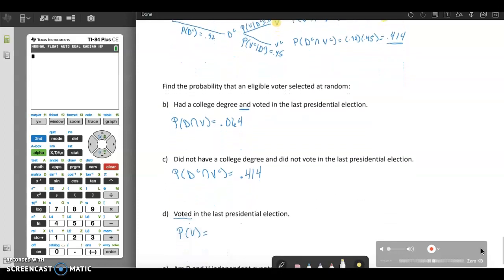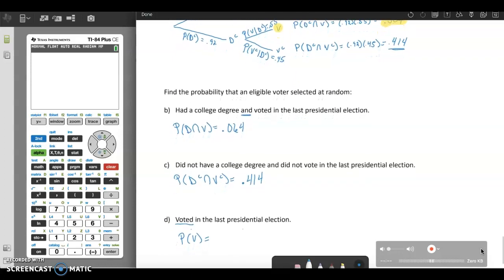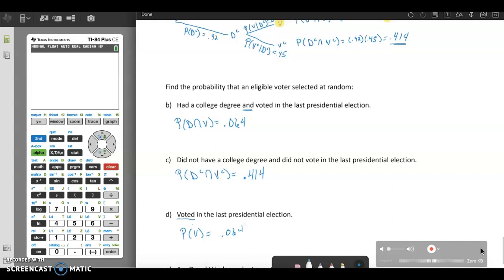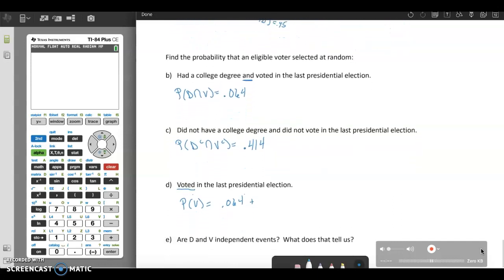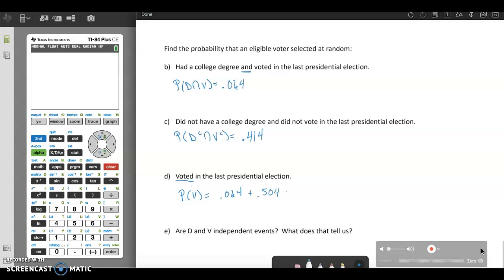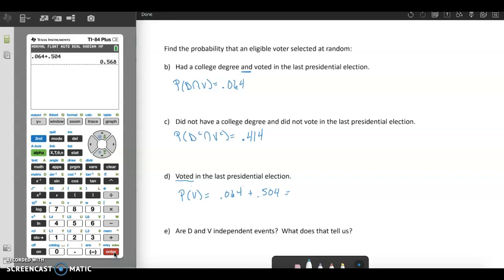So that's what we can do when we want to find the probability of one or more branches, is just do an addition. So 0.064 plus 0.504 gives us 0.568.